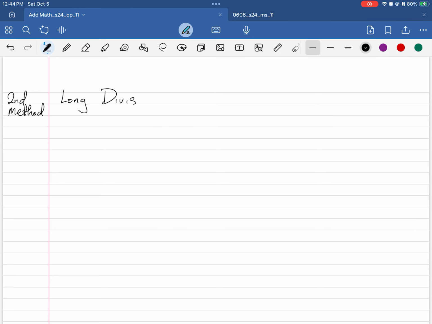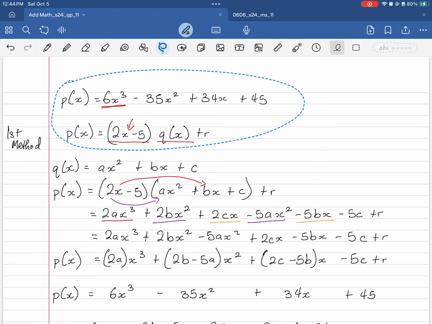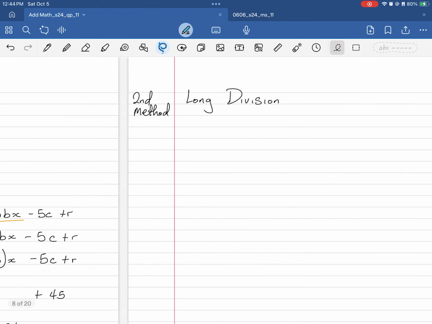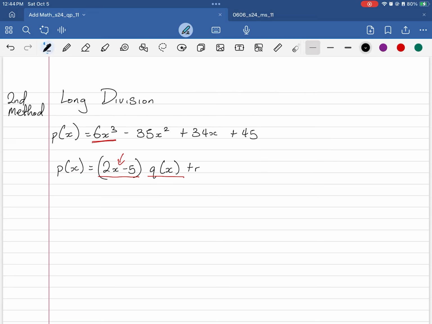So now, based on the original question, I'm actually just going to take this whole thing. They've given us one factor. If we're doing long division, if you divide a polynomial by a smaller polynomial, you get a different polynomial. So we have one factor here, and we're looking for another factor, which is q of x plus r.